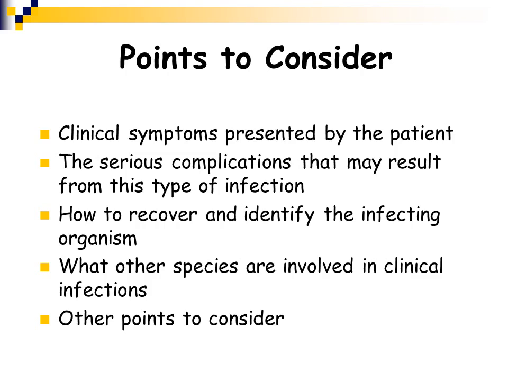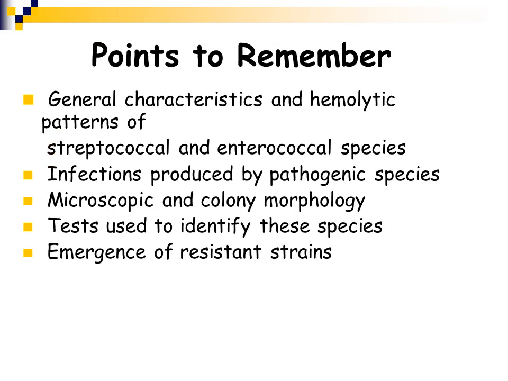You want to think of the tests that you would need to do in order to differentiate group A strep from group B strep, and possibly what other organisms could be causing this infection. So you always want to remember your general characteristics, the hemolytic patterns of all of the streps, what tests you need to do, what types of infections are produced, the various morphologies, and any of the specific tests to identify the species.